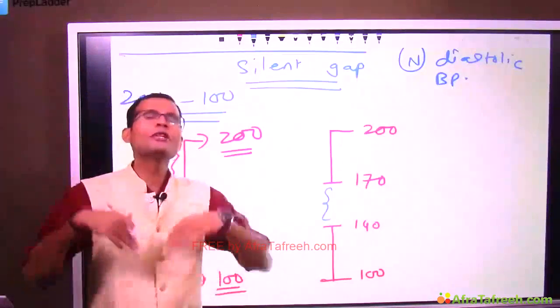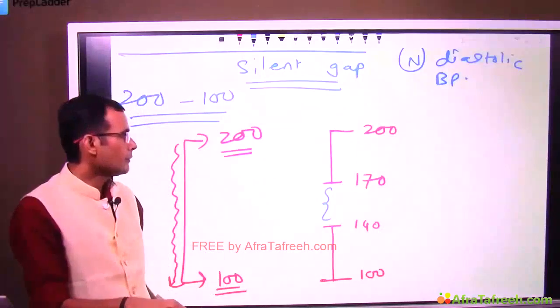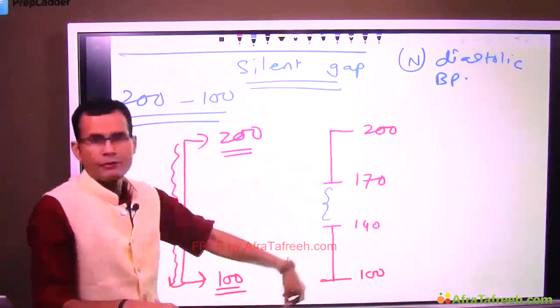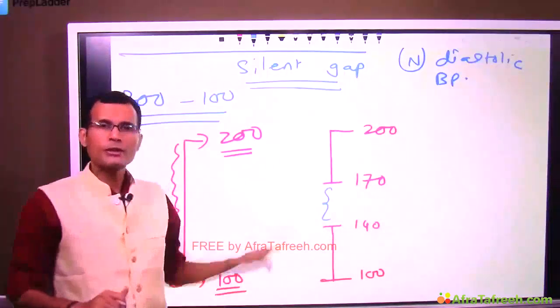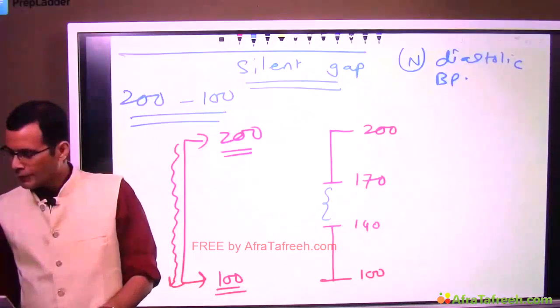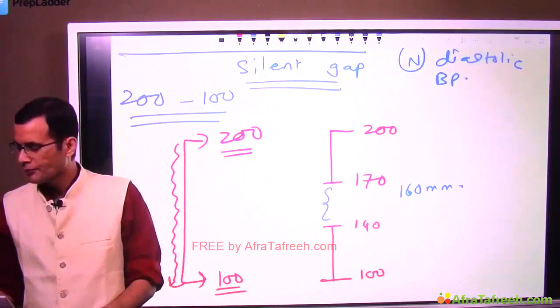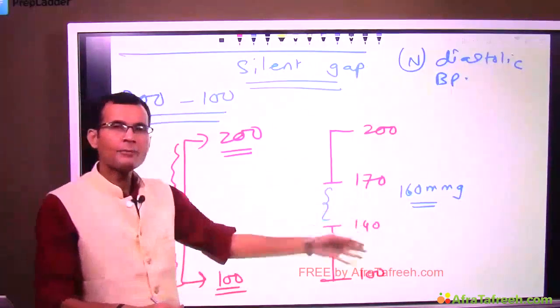But suppose you did not do it. Suppose you did not check the blood pressure by palpatory method. You straight went for auscultatory method, and in this individual, you are not aware of the systolic blood pressure, and you raise the pressure in the cuff only up to 160 mm of Hg. Check that. You are in a silent gap.